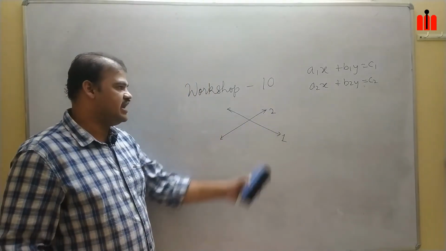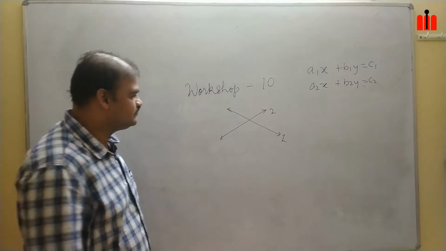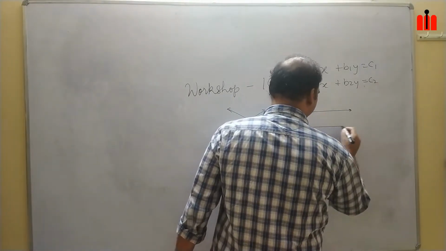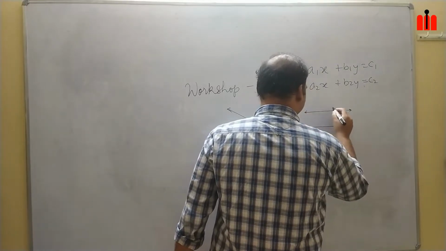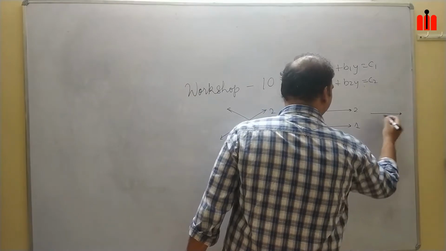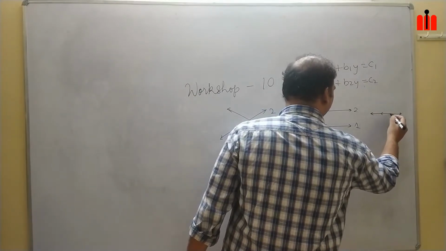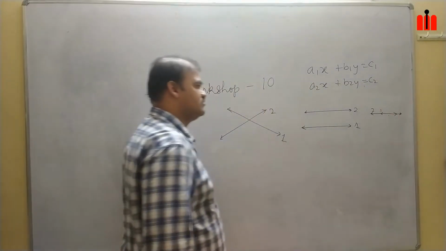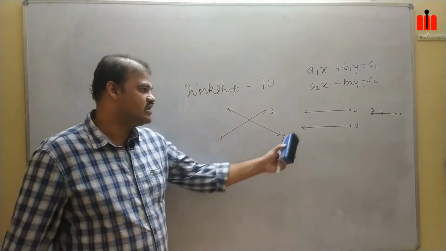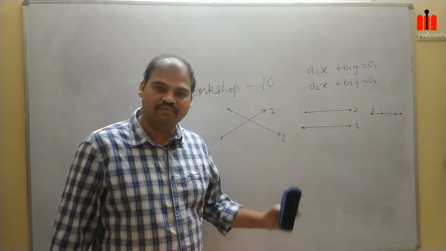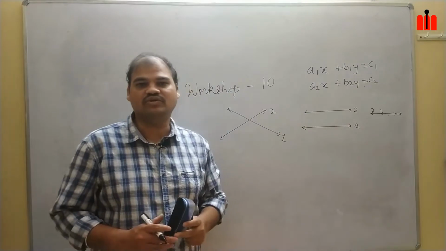Either line 1 and line 2 are intersecting, or line 1 and line 2 are parallel, or line 1 and line 2 lie on each other. There are three possibilities for constructing two lines.